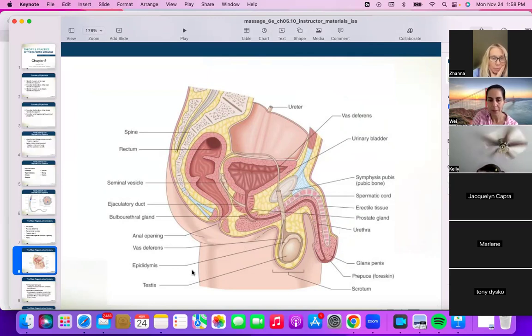Then we'll talk a little bit about the epididymis in a bit, but the sperm will get manufactured here. It will be sent out through the vas deferens right here, as it matures, ready to ejaculate, and then it's going to get sent to the urethra for ejaculation. So that's the path of it, simple.